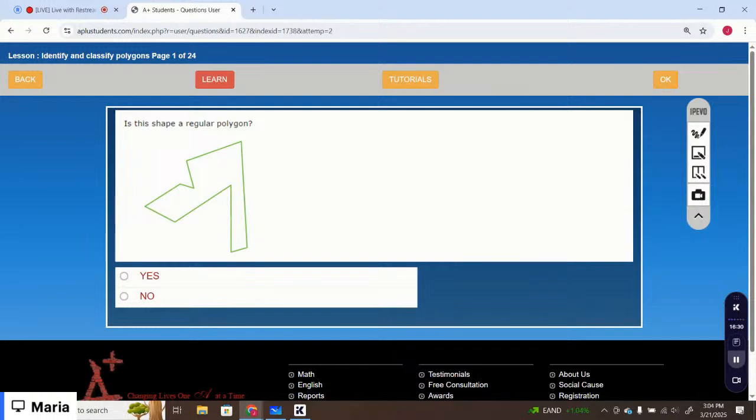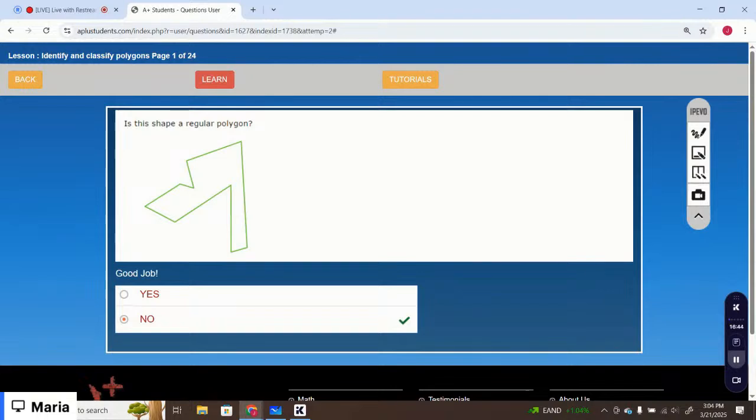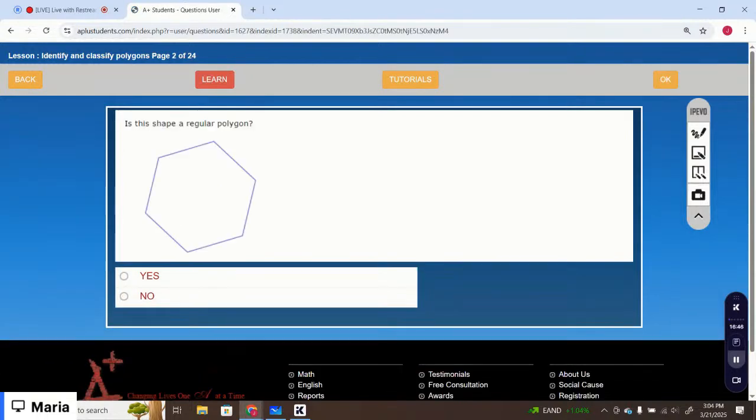Is this shape a regular polygon? No, that is not a regular polygon. The correct option is no. Is this shape a regular polygon?